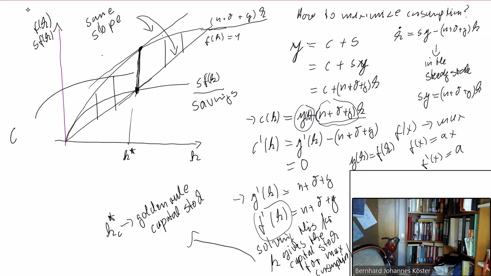And so this would be c, let's say, golden rule. c golden rule is then of course given when the distance between these two functions is maximized, and this is maximized when the slopes of these two functions are the same.